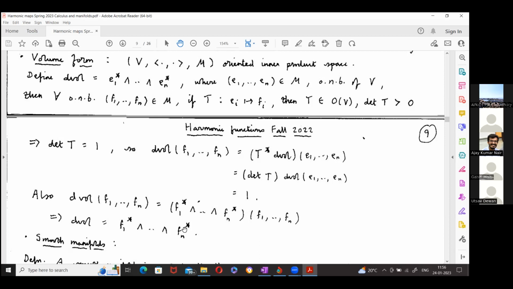And then the volume form is the way of measuring volume which gives the value plus 1 to every cube. Every cube formed by a positively oriented basis has volume 1 with respect to the volume form. Does that make sense? A cube will be a parallelepiped formed by an orthonormal basis, right?